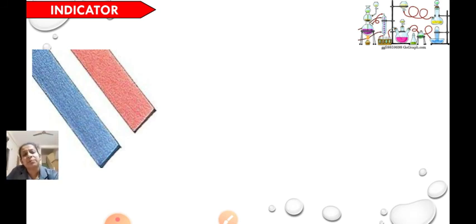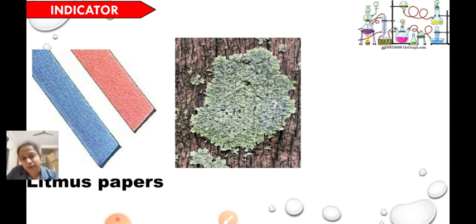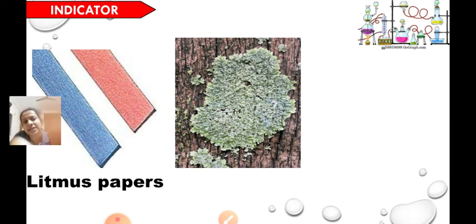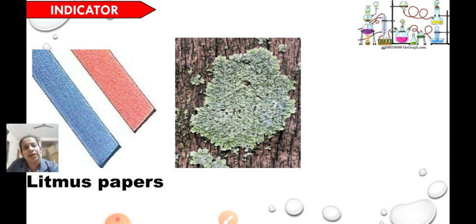One is the litmus paper, as I have told you. This litmus paper you get from something called lichen. Okay, there are certain things which grow on trees. You might have seen this on the trees sometimes, that there are structures like this growing on their outside part. So these are called lichens, and lichen is an association of algae and fungi.